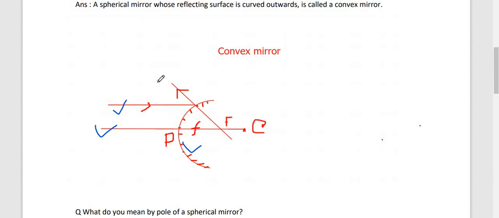But if you extend it behind the mirror, then it will appear to intersect at F. So in case of convex mirror, this is not the real point, this is a virtual point. It will not really intersect, but it will appear to us that F is the point of intersection of the reflected ray and the principal axis.